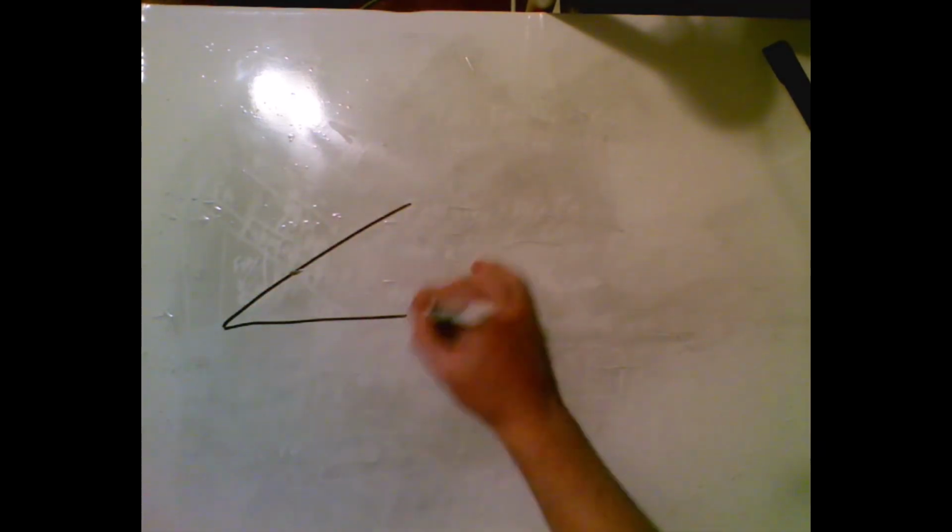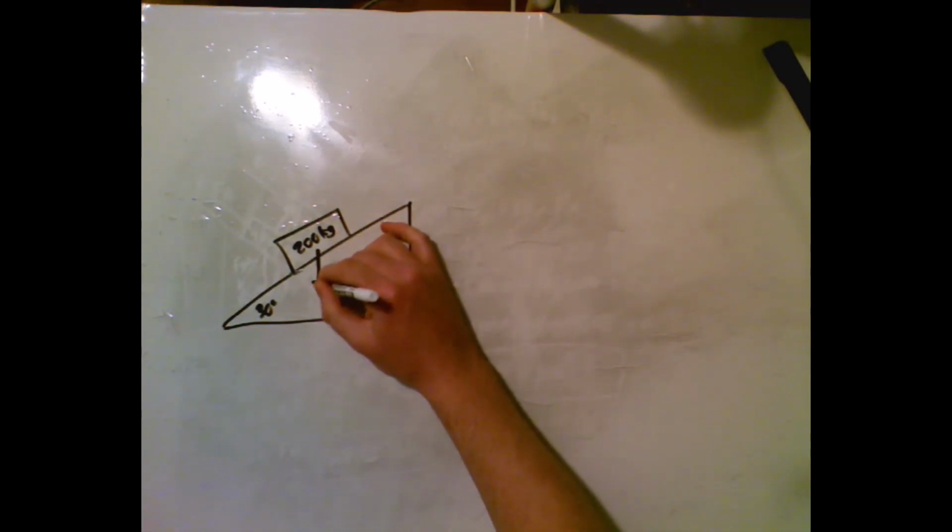So I draw my inclined plane. It doesn't matter which way you draw it. We have 30 degrees, and our seal is 200 kilograms right here. We have a force of gravity down, and we don't know that force yet. That's all the information the question tells us.